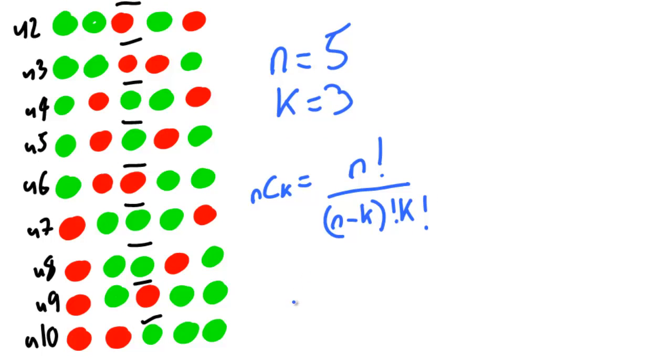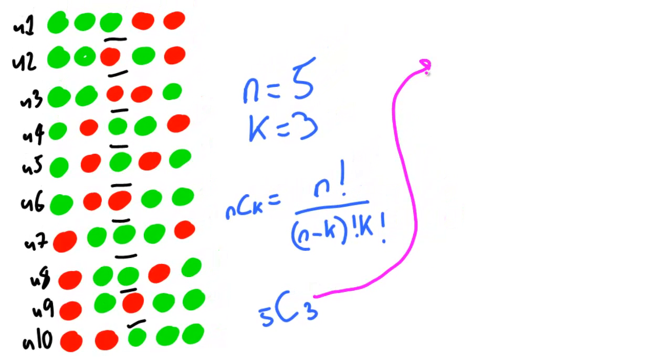If at this point you're unsure about combinations, you might want to watch our video on this which derives the formula. Back here in this video, using n equals 5 and k equals 3, we can expand the general formula for combinations for 5c3 into 5 factorial divided by 2 factorial multiplied by 3 factorial.